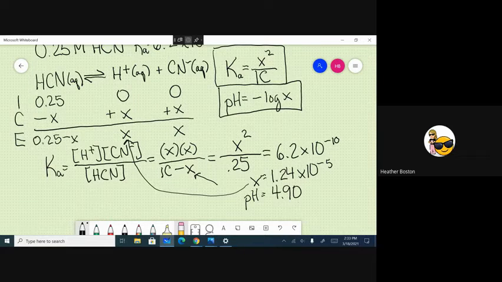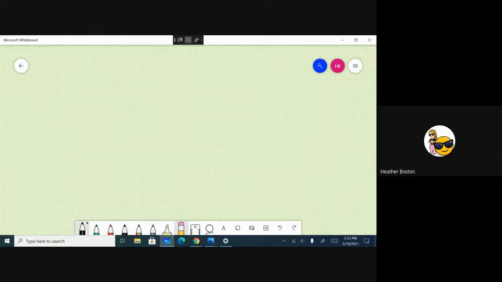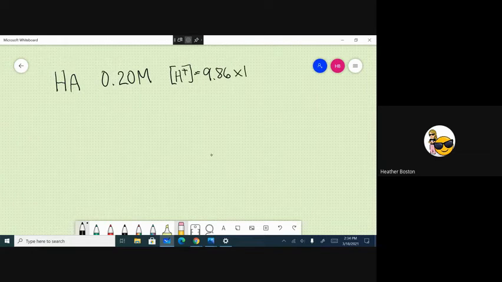So those are the types of problems that hopefully we're getting a little bit more comfortable with. And I'm going to show you now what a different type of problem might look like. So this is a couple ones down, and it says that I have a weak acid. Here's the general form for a weak acid, HA, with a concentration of 0.20 molar and an H plus concentration of 9.86 times 10 to the minus 5.